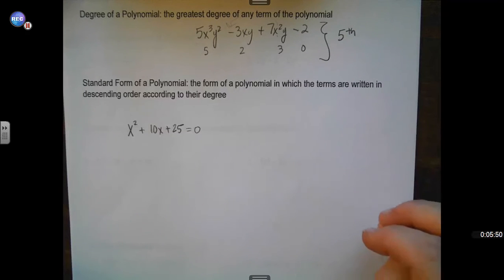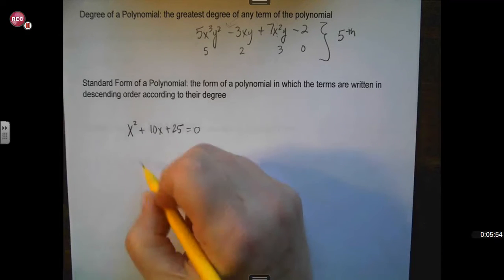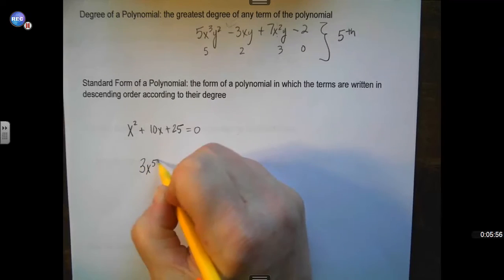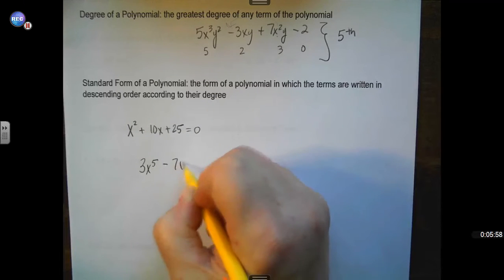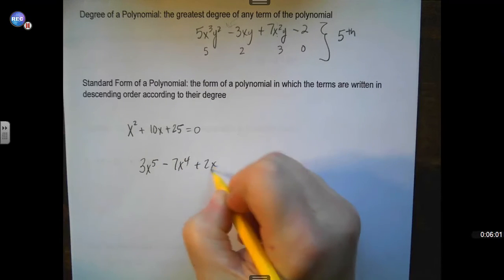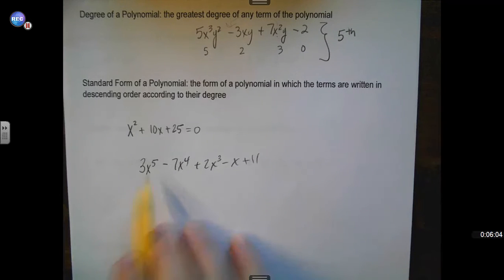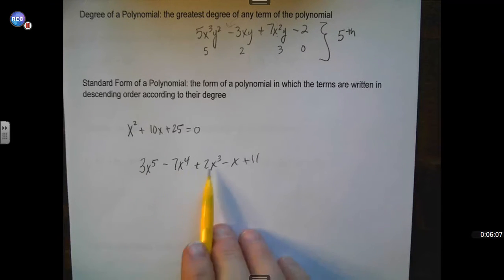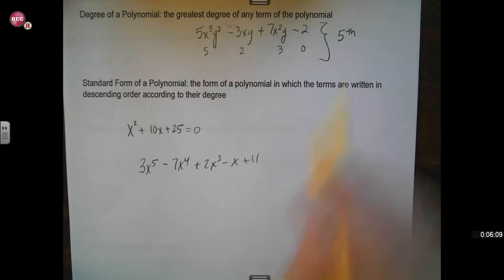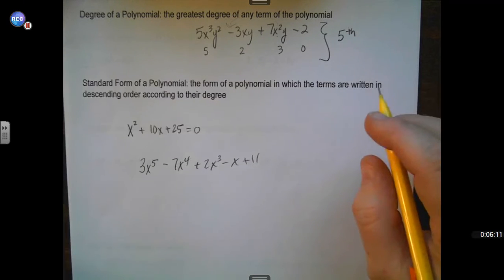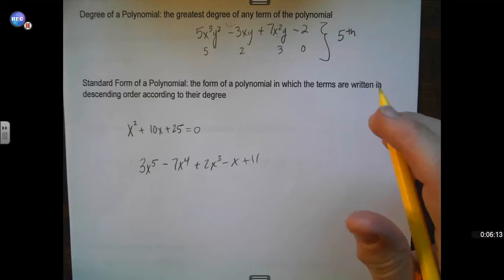Okay, so obviously the one I've written there is in standard form. You know, we could have 3x to the 5th minus 7x to the 4th plus 2x cubed minus x plus 11. The way I check it, 5, 4, 3, 2, 1. So it is in standard form.